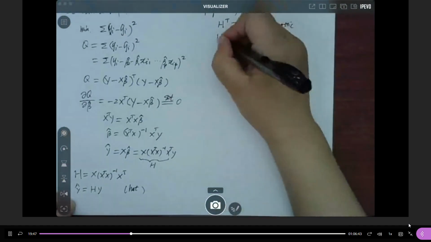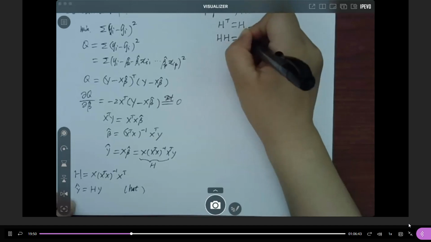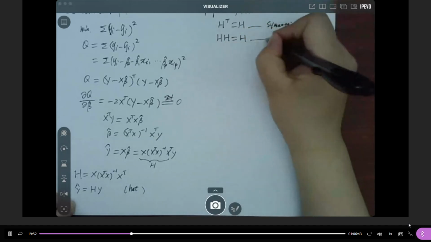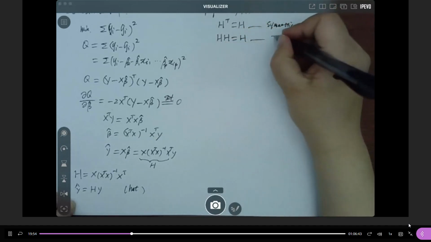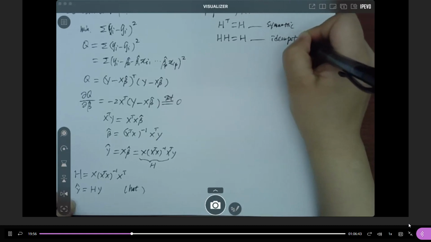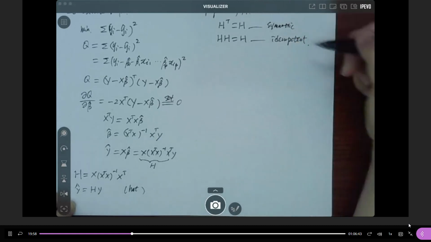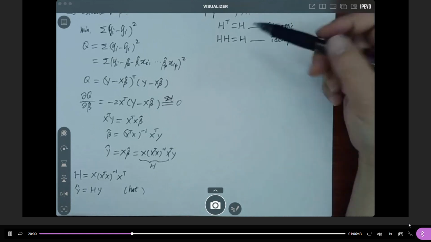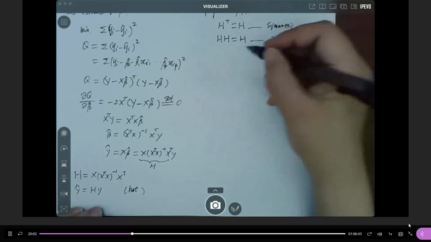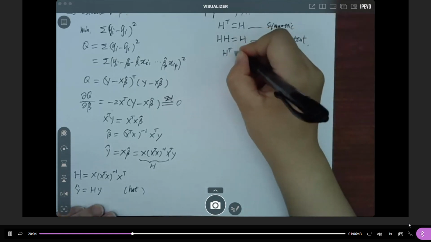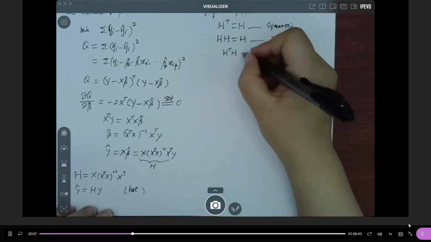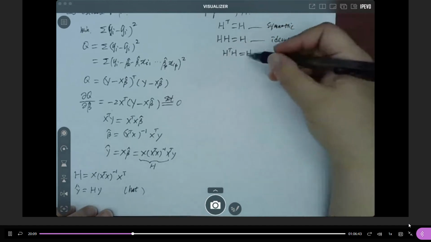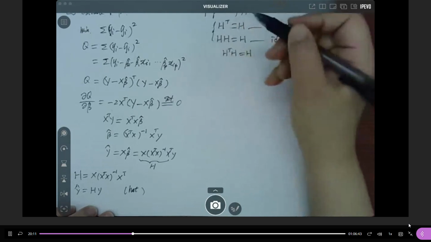The second one, H multiplied by itself is still H. This is called idempotent. If H is symmetric and also idempotent, then H transpose H is still equal to H, right? This is the result of the first two.